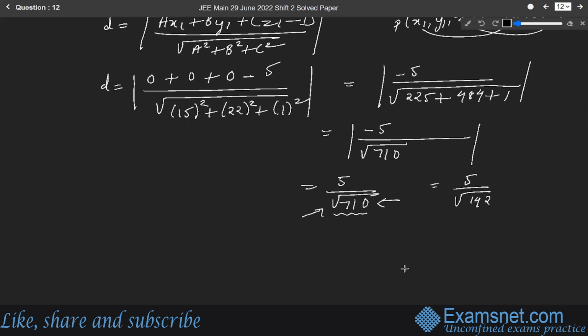Now 5 into 5 will be actually 25, so it will be in the whole under root. So we can write it as under root of 5 upon under root of 142. So it is combined value, which is under root of 5 upon 142. So this is the required answer for this question.